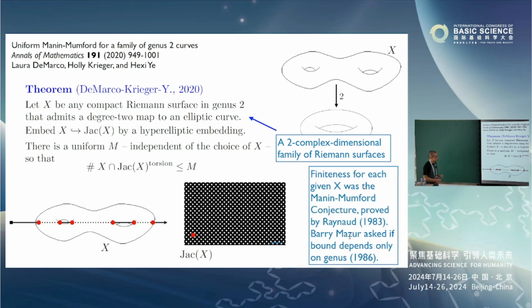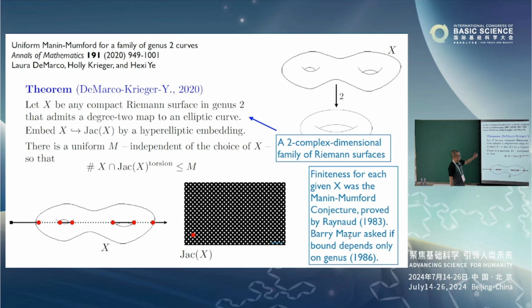And also, the point is that the finiteness for each given X was the Manin-Mumford conjecture, which was proved by Raynaud a few decades ago. And then later, Mazur asked if the bound depends only on the genus.